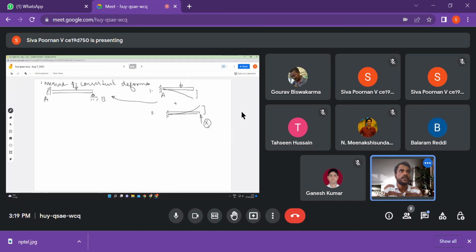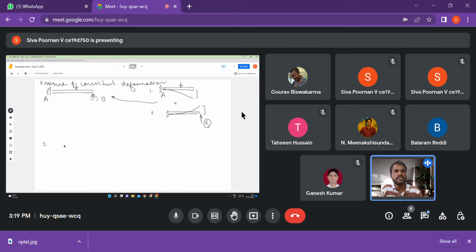Although this method is very easy to understand, there is a major problem with this method. Can someone point it out? Not a problem as such, it's a minor detail, I would say. What is it that is not very rigorous in this method? The thing is that we had assumed that it's a cantilever with a redundant force, right?